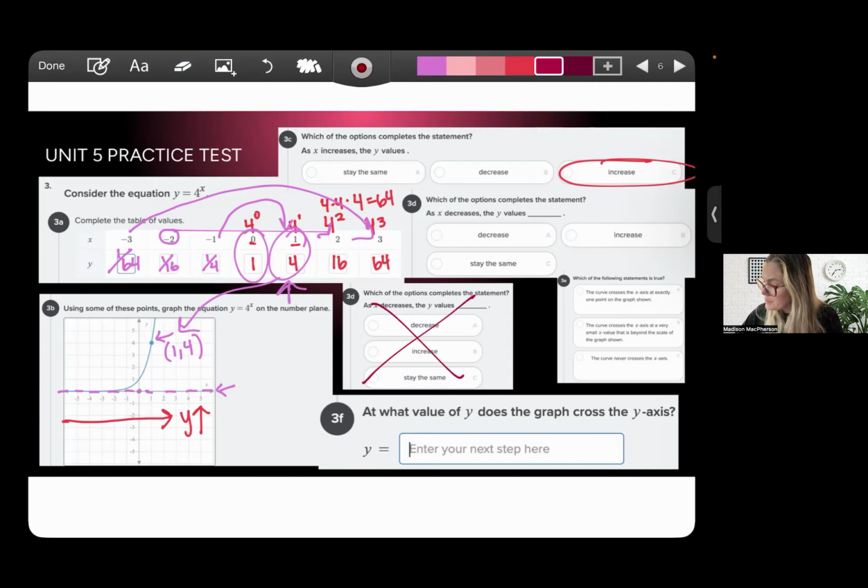These ones are the same, so we're just going to do this one. As x decreases, so as x goes this way, the y values are going down. They're getting closer and closer to 0. So decrease.